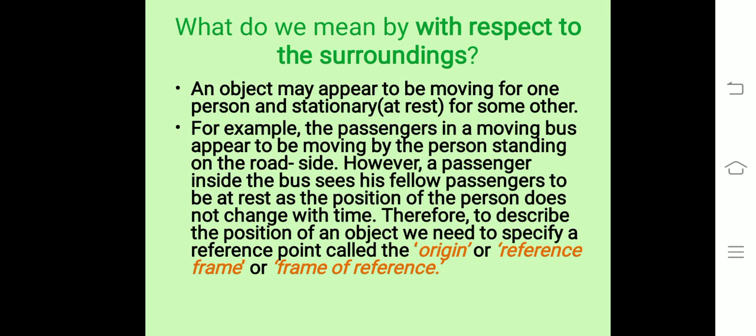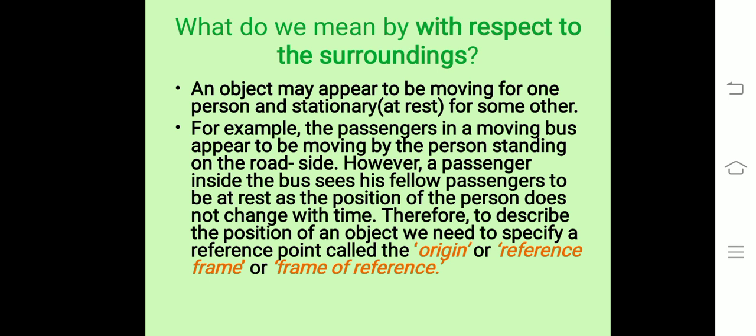Now, what do we mean by with respect to the surroundings? An object may appear to be moving for one person and stationary or at rest for some other. For example, the passengers in a moving bus appear to be moving to the person standing on the roadside.